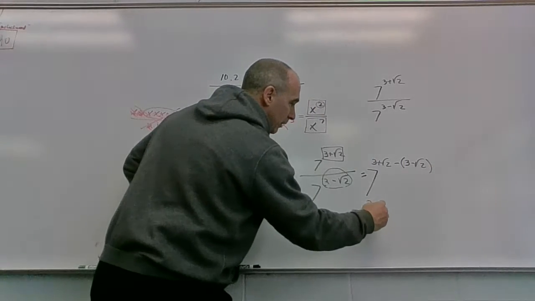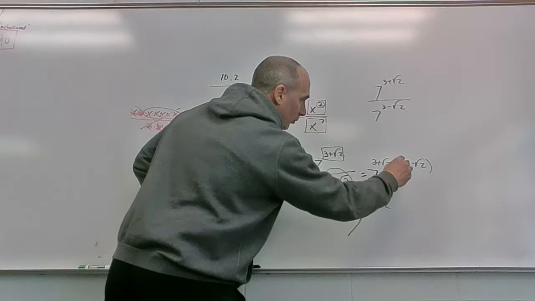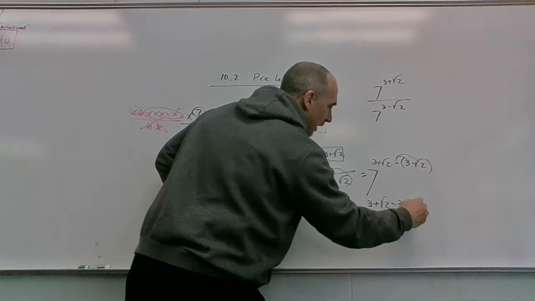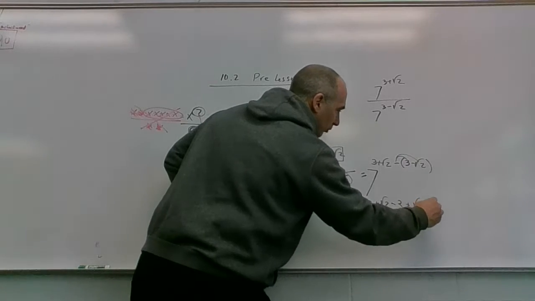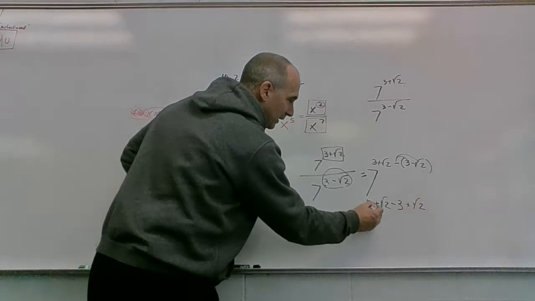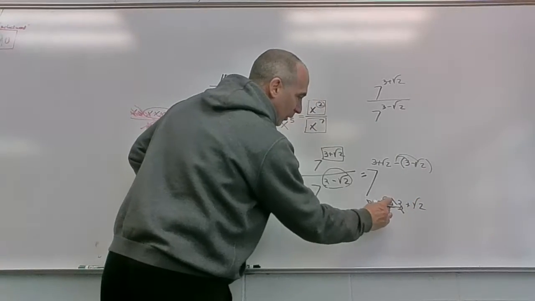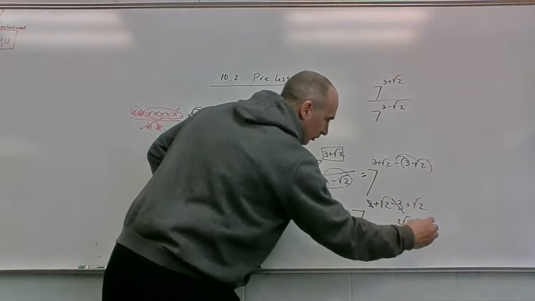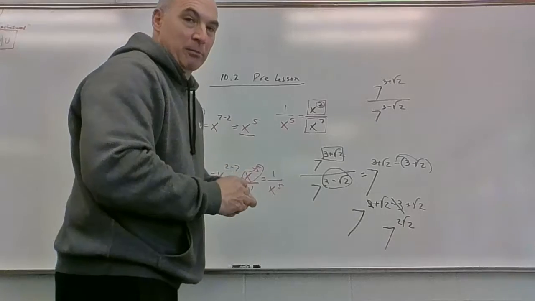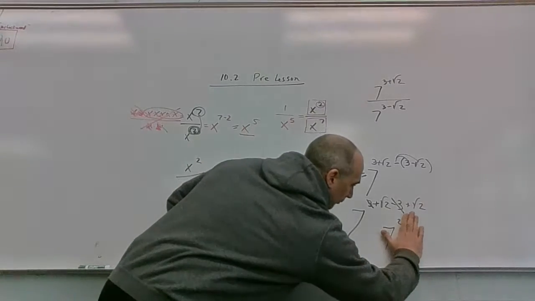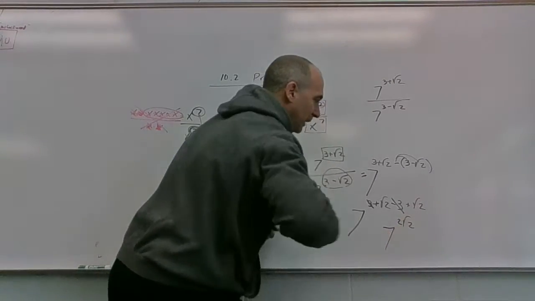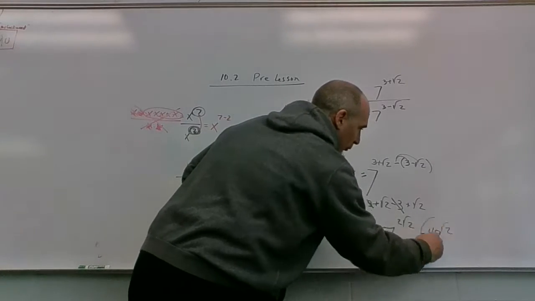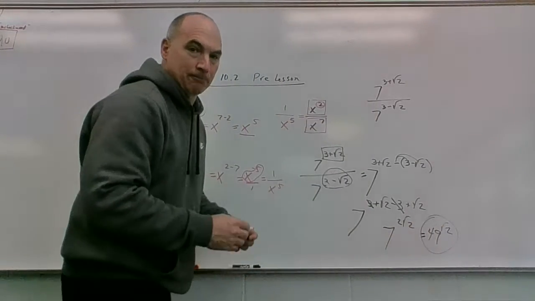It'll work. 3 plus the square root of 2, bounce the negative through, minus 3 plus the square root of 2. And now the 3's cancel, and the square root of 2 plus the square root of 2 is 2 square root of 2. And if you also remember, now we cover up the square root of 2. 7 squared is 49. So that would be 49 to the square root of 2. And this is where Schoology will probably put it.